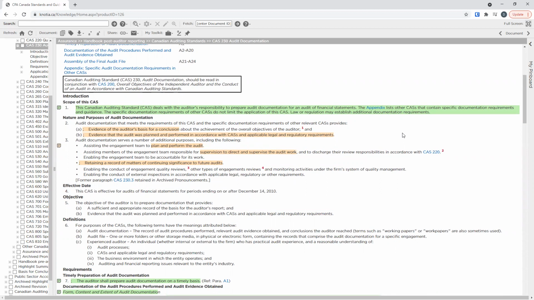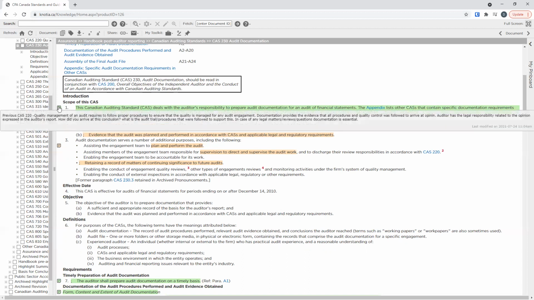For example, initial audit engagement will have one point that you should document the engagement letter. For quality assurance, it will have its own documentation. For evidence collection, it will have the para on documentation, how to document your evidence, audit procedures, what is required. So all the other CAS will have one section on documentation. Almost all will have.